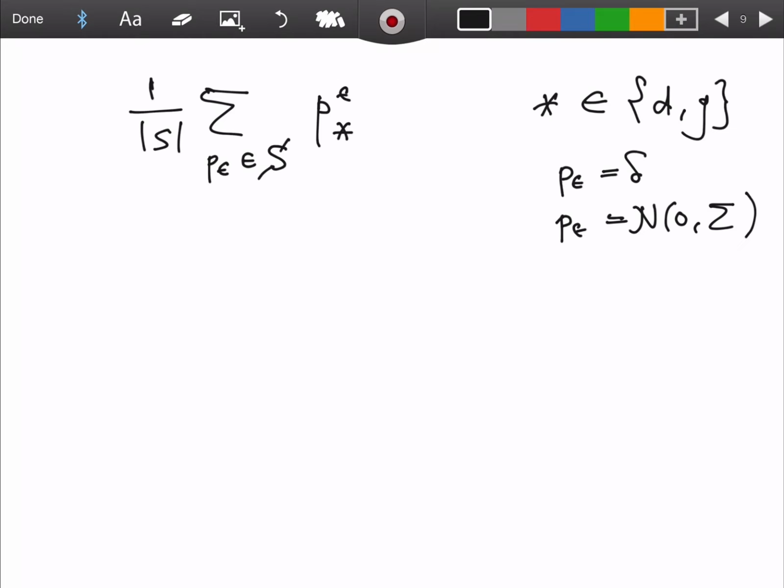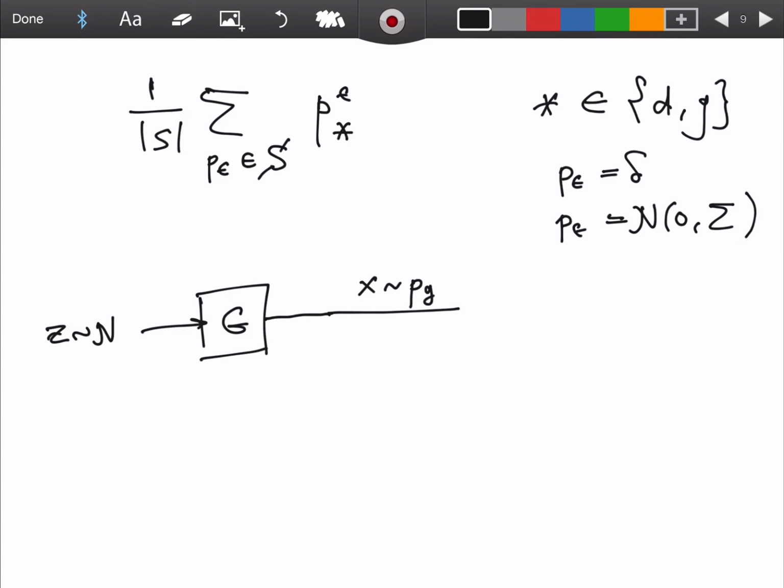Of course, how you do it numerically, let me just illustrate it for two levels of noise. One is zero noise, another is some amount of noise. So this is my generator. I'm injecting random noise as the input. This is my X coming from PG.